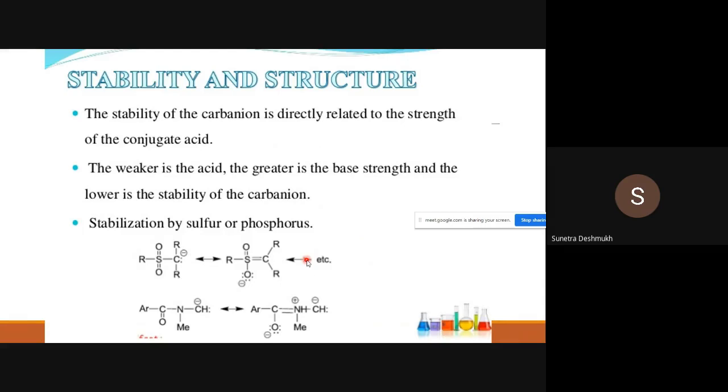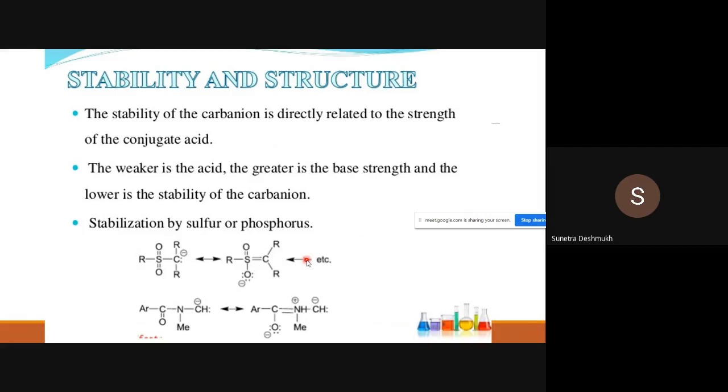It is directly proportional to the number of different resonating structures. If you are able to draw more structures, then the stability of that particular carbanion is also more.